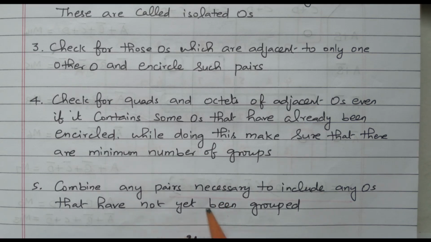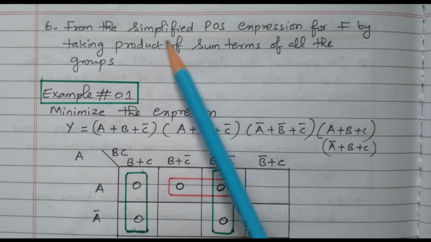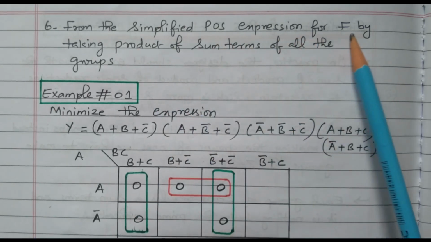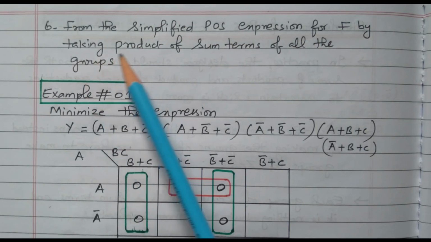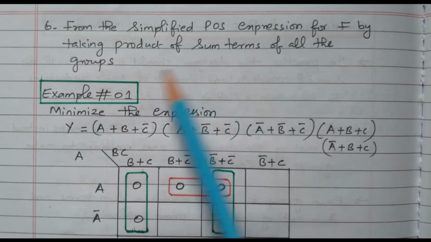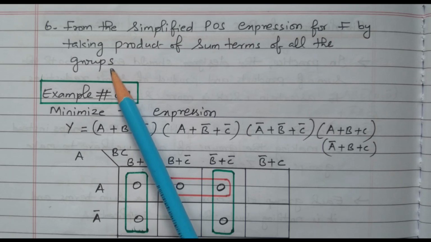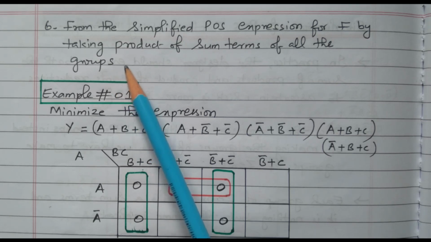All the zeros should be covered. We need to ensure that no zero has been left ungrouped. Then form the simplified POS expression for f by taking the product of sum terms for all the groups. From the groups we finalize the simplified expression.